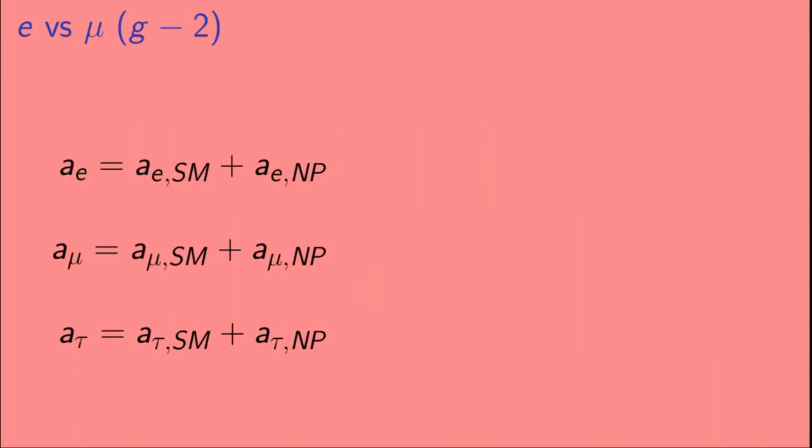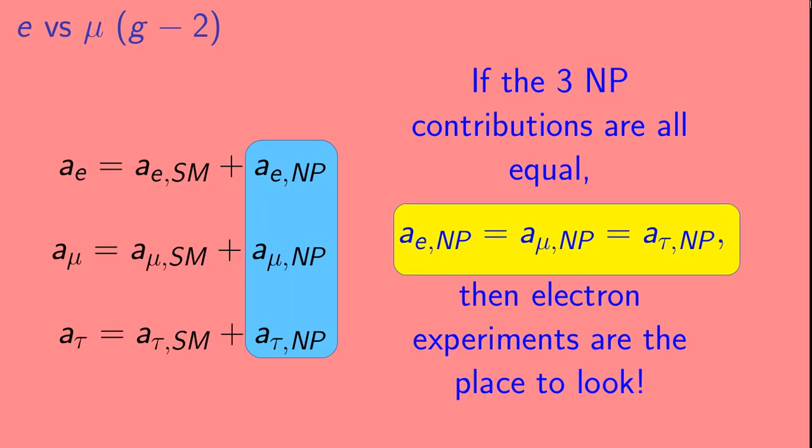Okay, so we have our expressions for A E, A mu, and A tau, and they each consist of a standard model term and a new physics contribution. Now, if the three new physics contributions are all equal, so if A E NP and A mu NP and A tau NP are all equal, then the electron experiments that measure A E very precisely are the place to look.